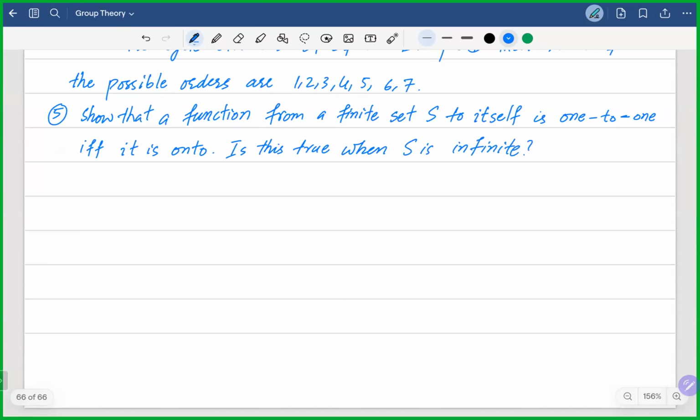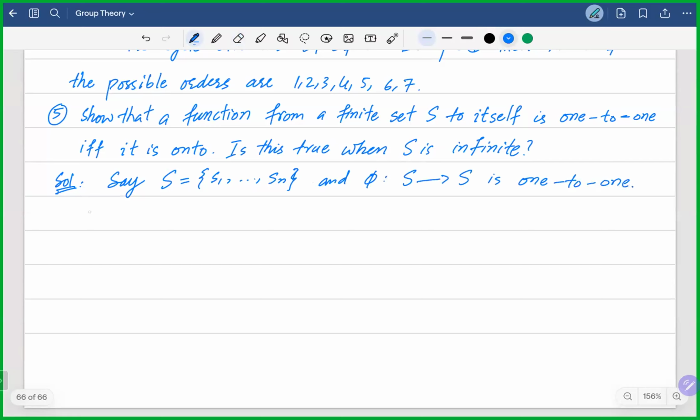Perfect. So let's say S is a set which has elements S1 to Sn, right? And phi is a function from S to S which is 1 to 1.